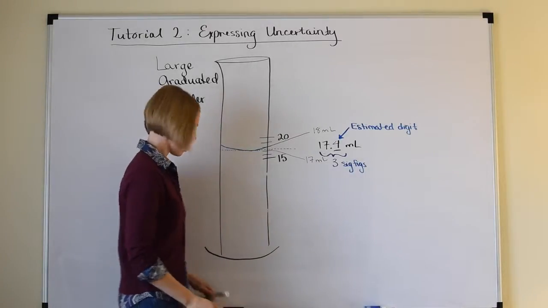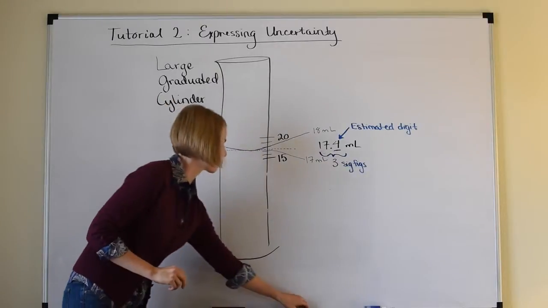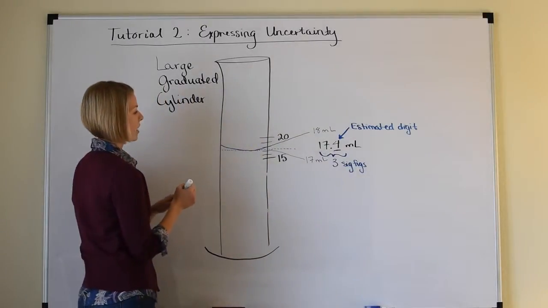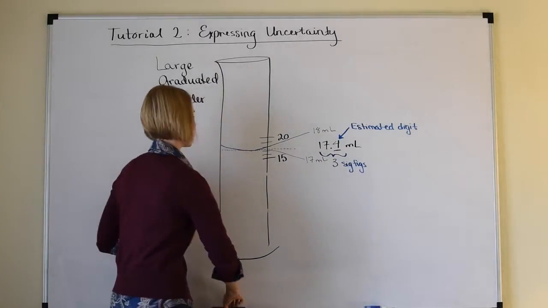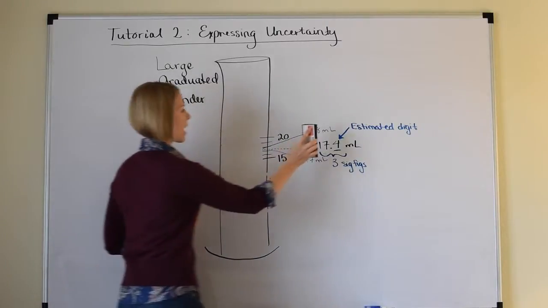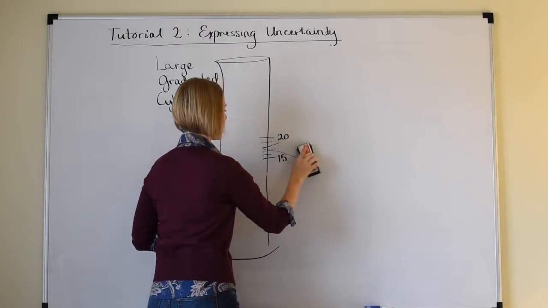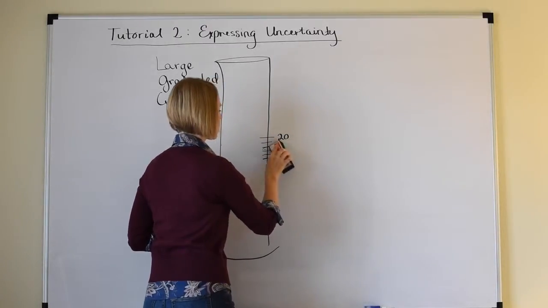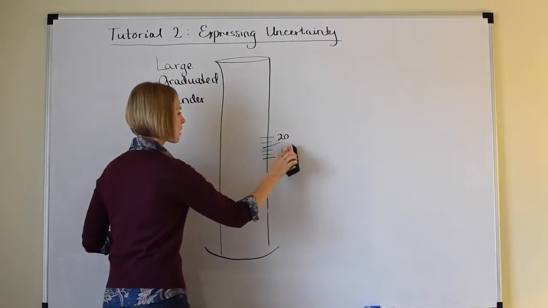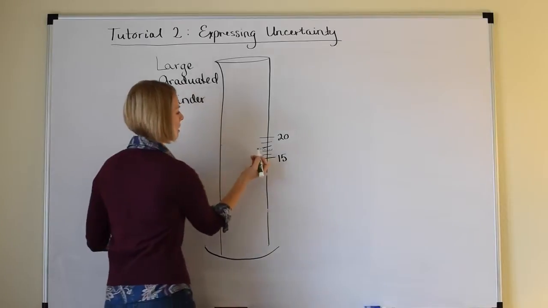Okay. All right. Now let's go ahead and use the green here. Let's say that we had this, well, let's erase this part so we can just do it all over again. Let's say that we had a water level that looked like it was right on the 17.